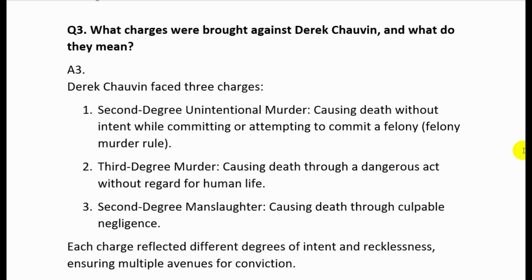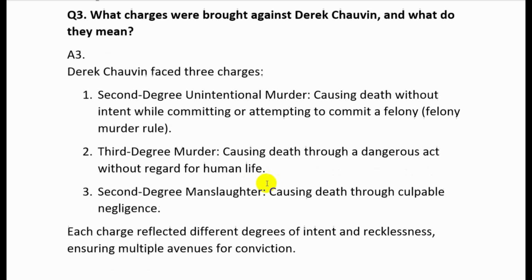And second-degree manslaughter means causing death through culpable negligence. Each charge reflected different degrees of intent and recklessness, ensuring multiple avenues for conviction. So second-degree murder means causing death without intent while committing or attempting to commit a felony. Third-degree murder means causing death through a dangerous act without regard to human life. Second-degree manslaughter means causing death through culpable negligence.